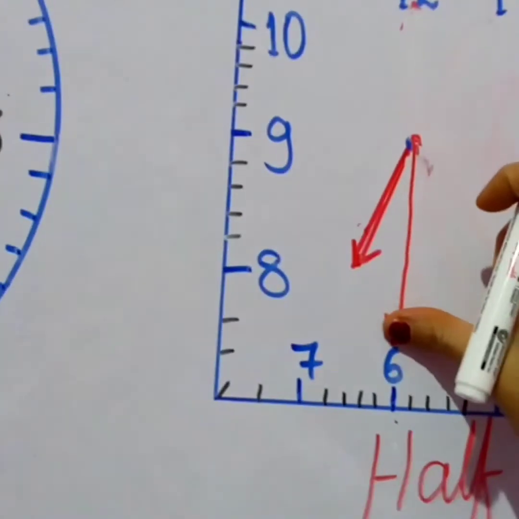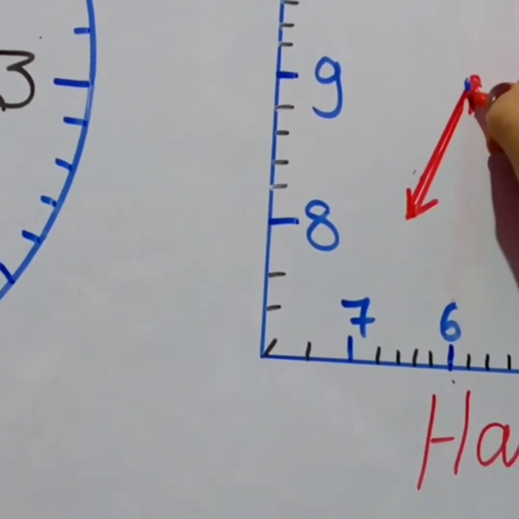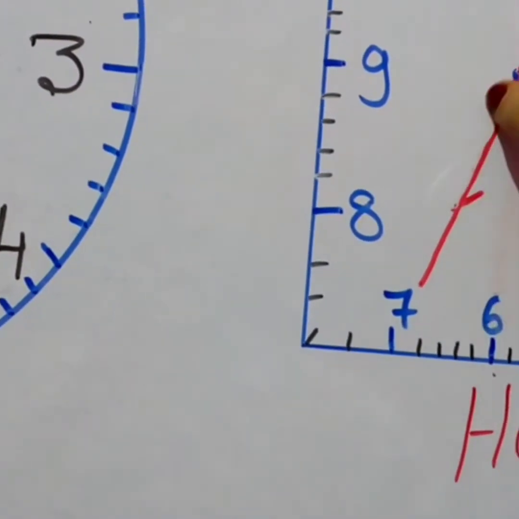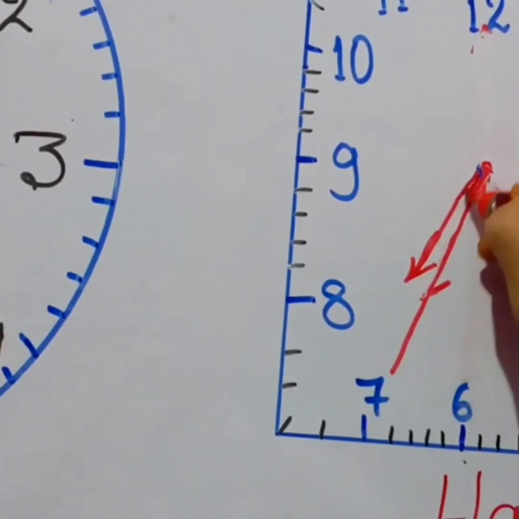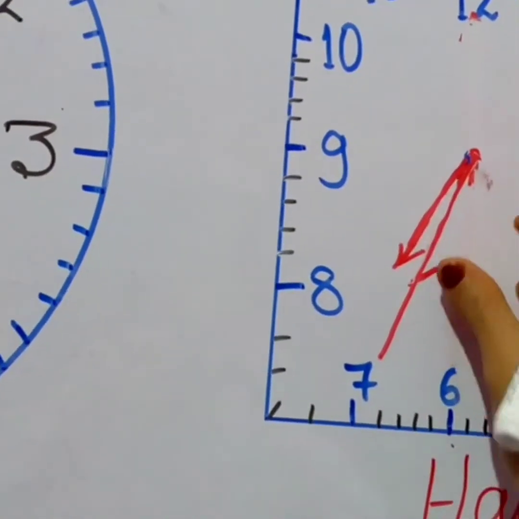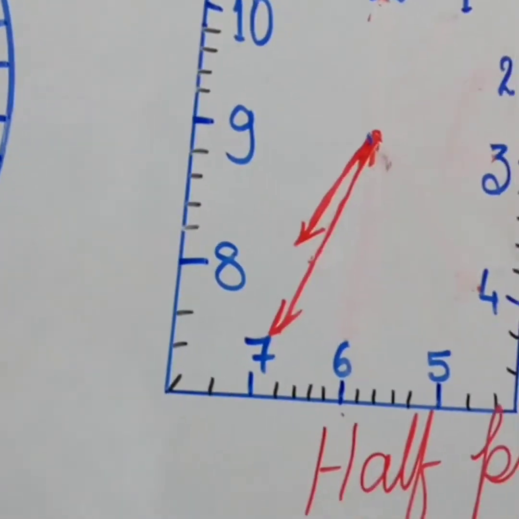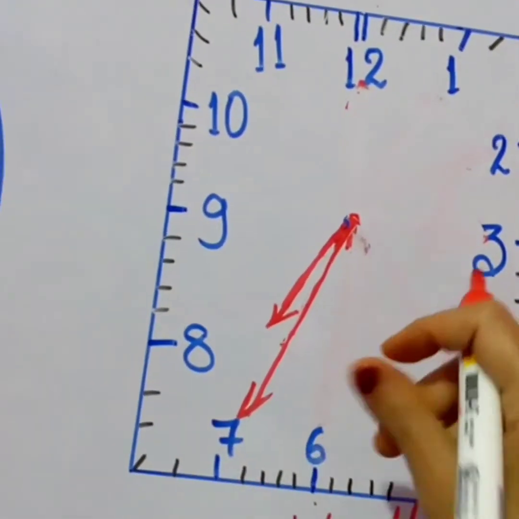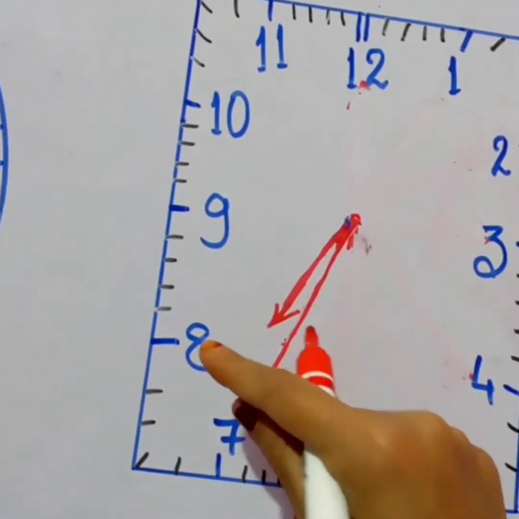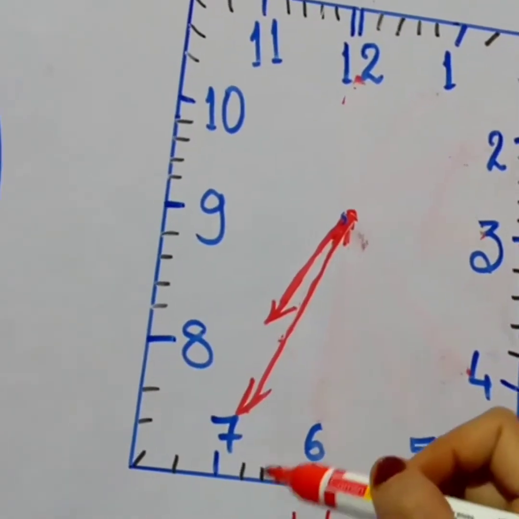Now from here, if the needle or hand is on the 7, then the hour hand moves slightly towards 8. Okay, and if the long hand is on the 7, it is called 25 to 8, because the hour hand moves towards 8. So now after 6, it is called 'to'.